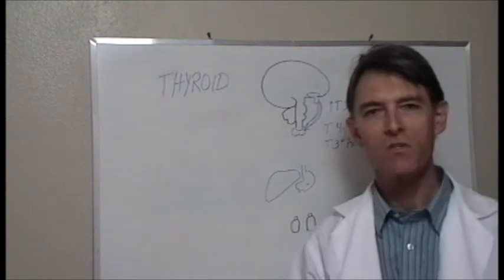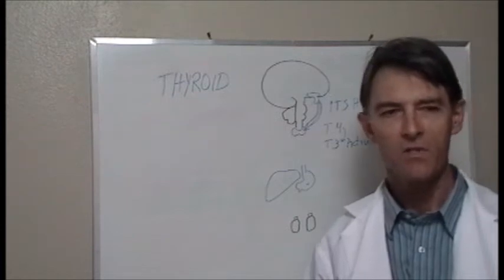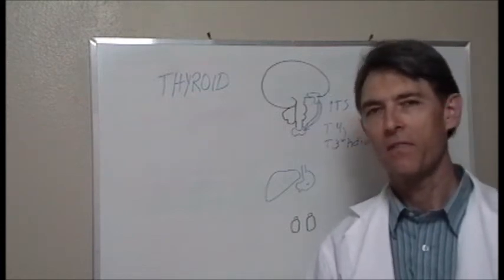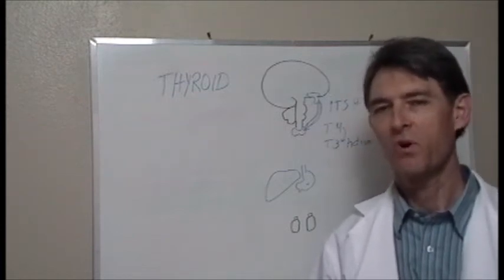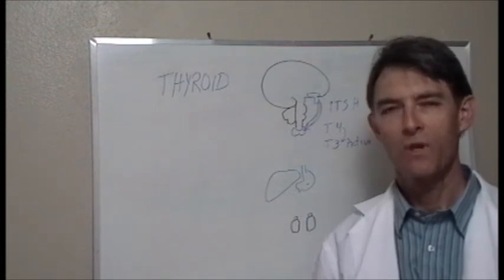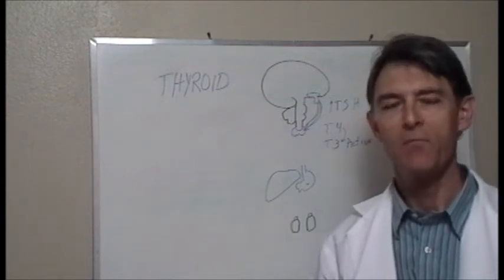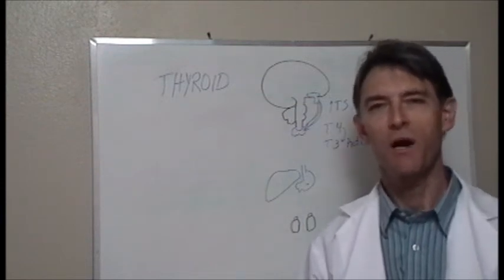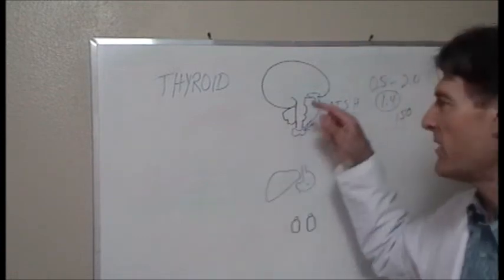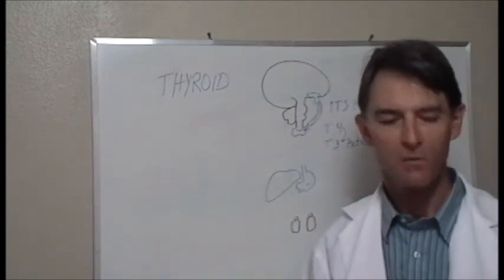So optimal ranges, again, are around 1.4 to 2. You don't want to get any higher than that, because if it gets to 2.5 to 4.5, there's a high incidence of metabolic syndrome. Why would that be? Well, that's a blood sugar problem, and that's related to thyroid output from the hypothalamus monitoring the blood sugar.